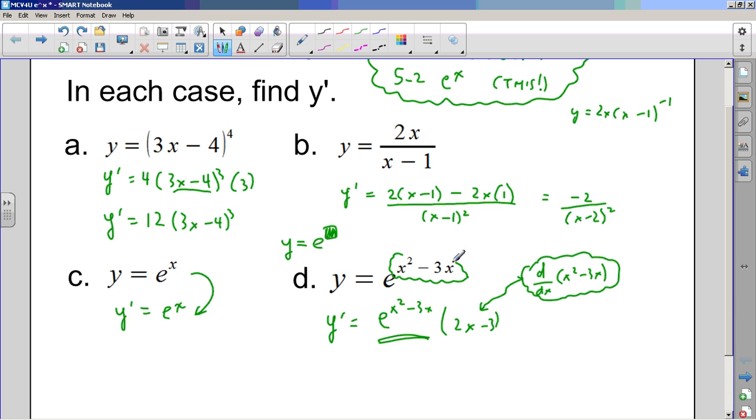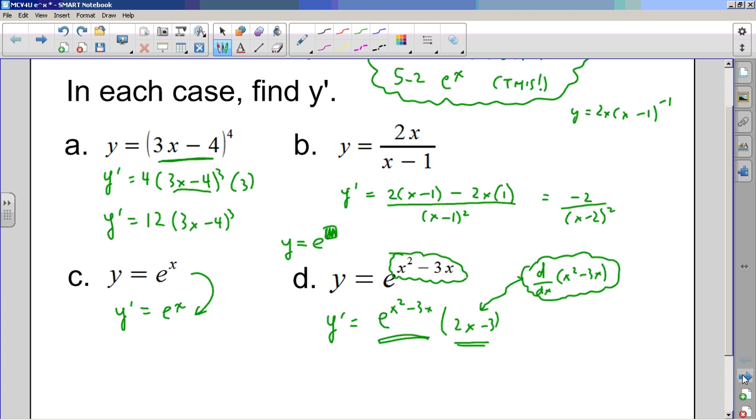This is kind of like the baby inside the function. So I wrote down the original function, that's the mother function, and the derivative of it is just itself for the exponential function. But then this is the derivative of the inside thing, and there's no way to tidy that up or cancel, so I just left it like that.